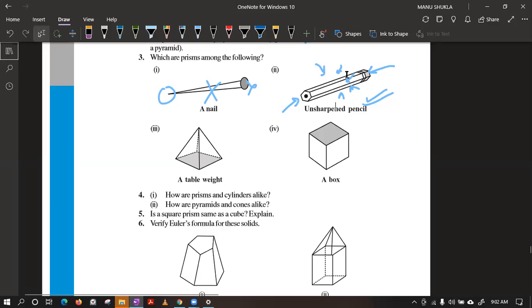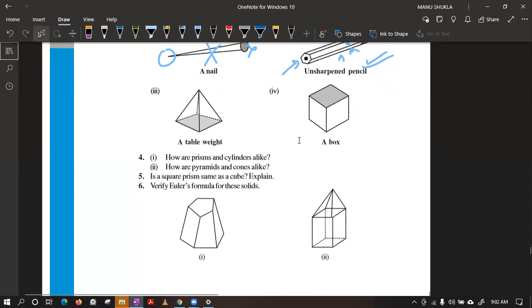That is why this unsharpened pencil is an example of a prism. But if you sharpen the pencil, it will not remain a prism. I hope you got my point.